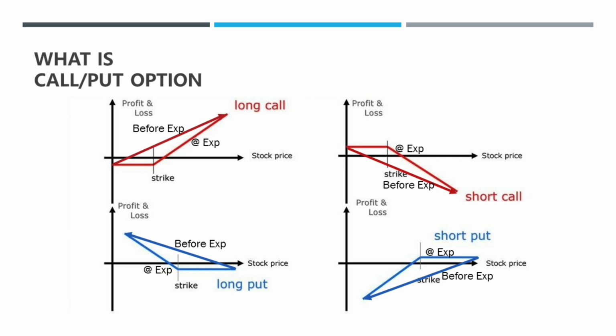Agree? So if the price goes up in a stock, the price of a call should go up, in general concept. And if the price goes down, then the price of the put goes up.